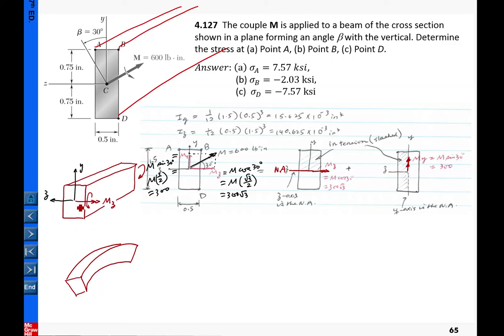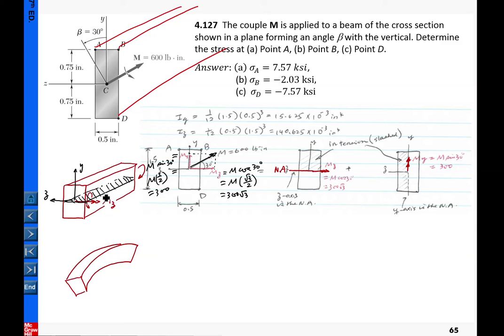Under these situations, you should be able to clearly see this is our neutral surface. Here I try to highlight it.